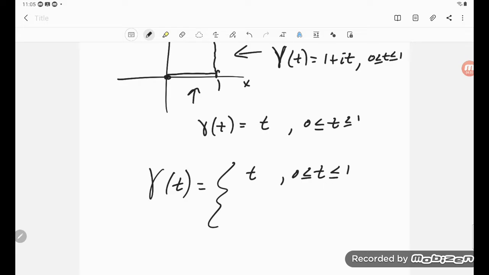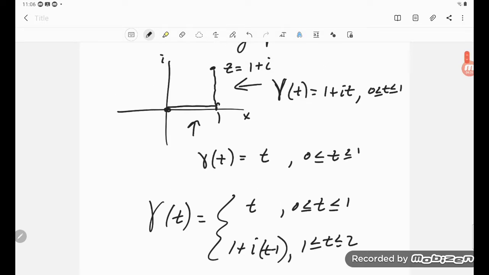But I would like probably t to go from 1 to 2. And so this will be 1 plus i times, well, if I just take t minus 1, that will start me at 0 and finish me at 1. And so that would be, say, our definition of our path.